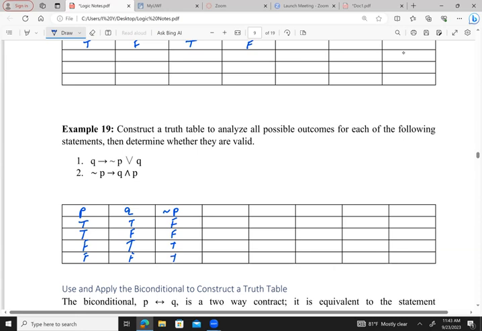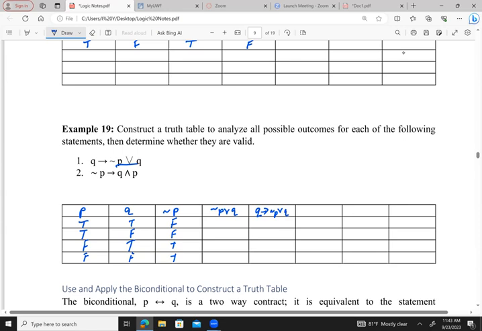Okay, and then what do I need? Do I need a not Q? I don't need a not Q. I do need a not P or Q. Remember, in the conditional, this part comes first.